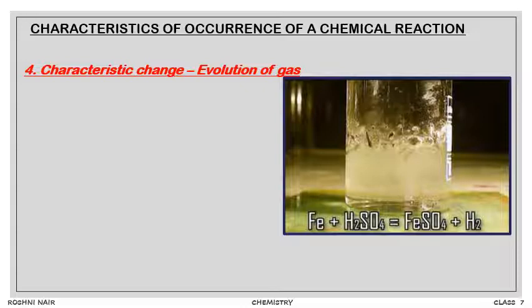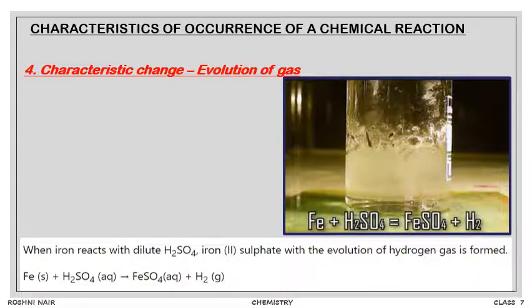It is seen as bubbles and SO4 which is remaining will react with iron, Fe. So the resultant product will be FeSO4. What is FeSO4? Iron sulfate. Fe iron, SO4 sulfate. Iron sulfate plus hydrogen which is evolved as gas is formed.